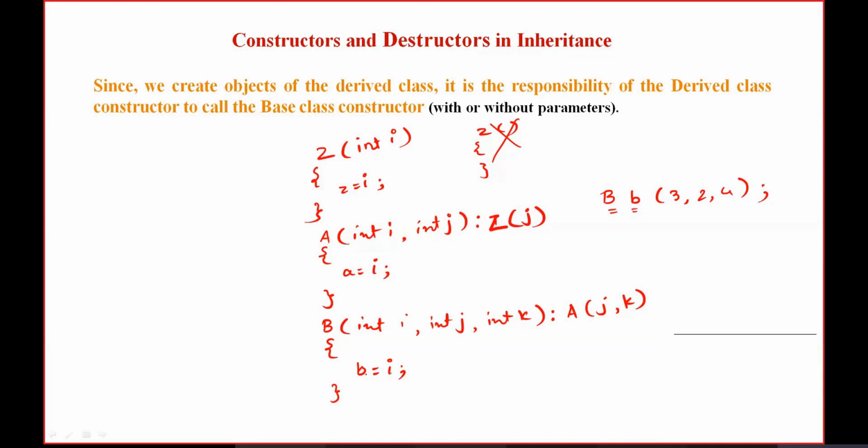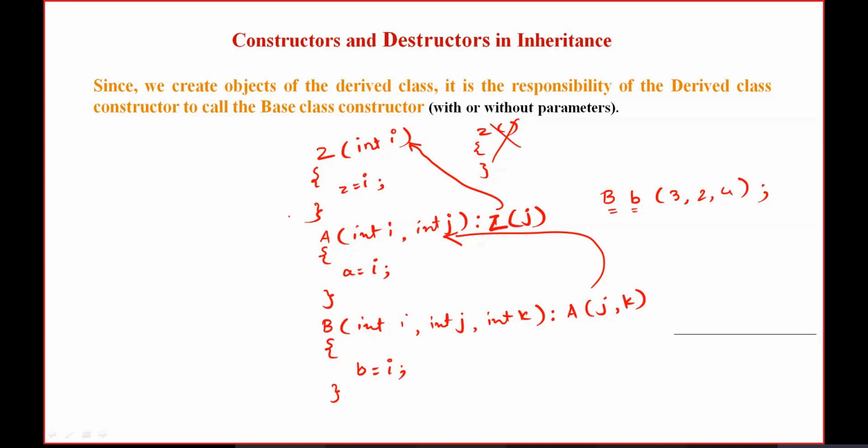Then before the body of constructor B got executed, the call was made to the constructor A. Before the body of constructor A got executed, this call was made to the constructor of class Z. Now, since we have reached the very base class, we can execute the base class constructor, followed by its derived class constructor, then followed by the last derived class constructor.